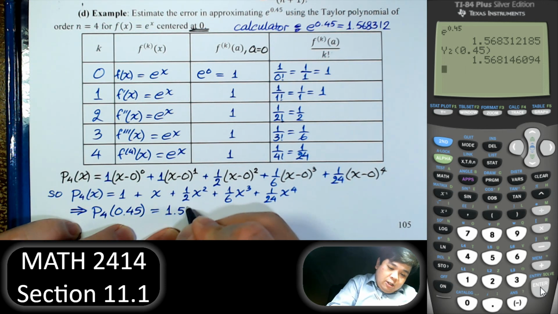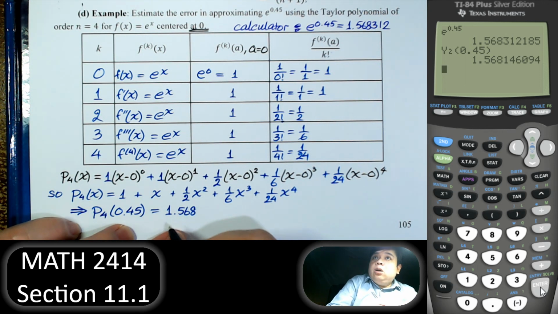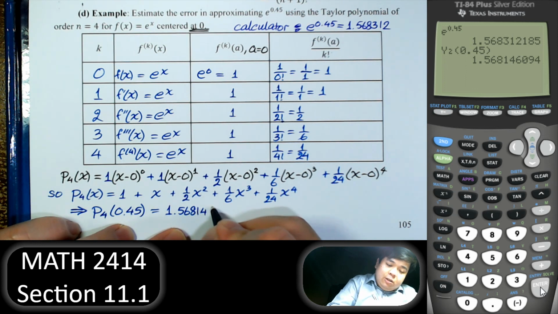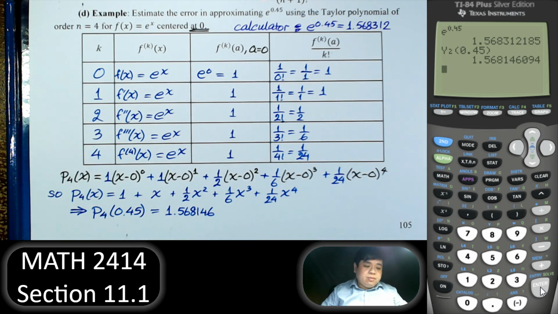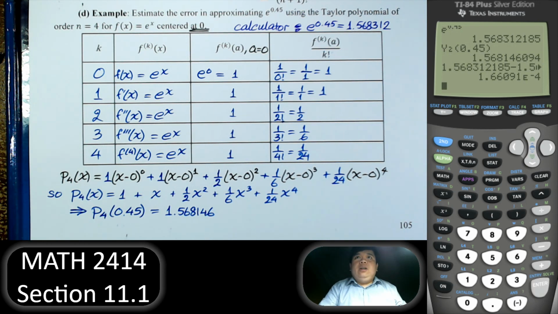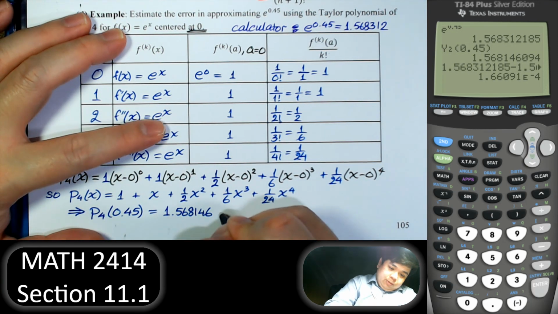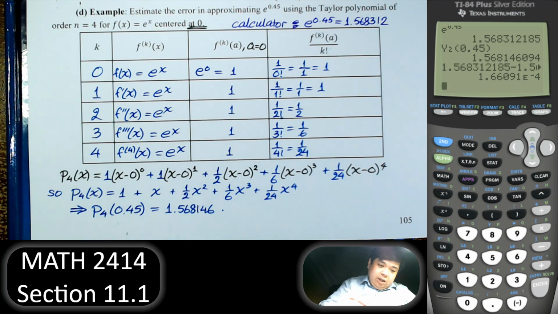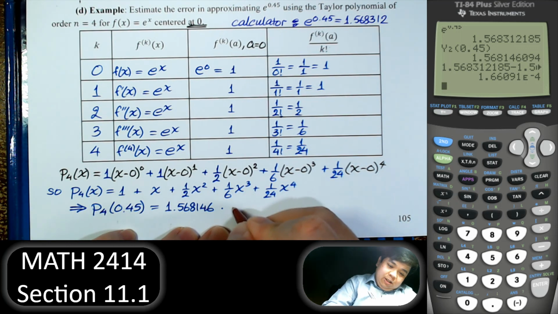That gives 1.568146. That's good enough. Now the error. This is the actual value, subtract the approximation. We have that. So the absolute error.